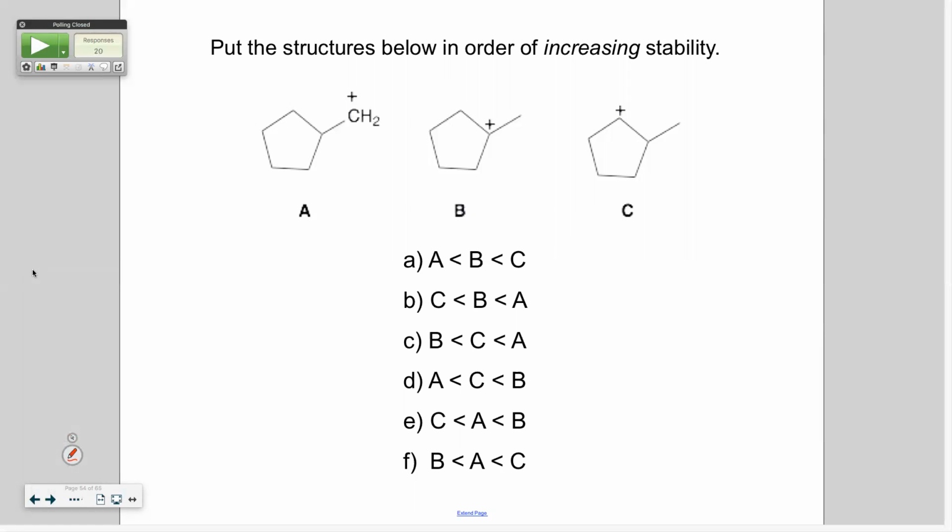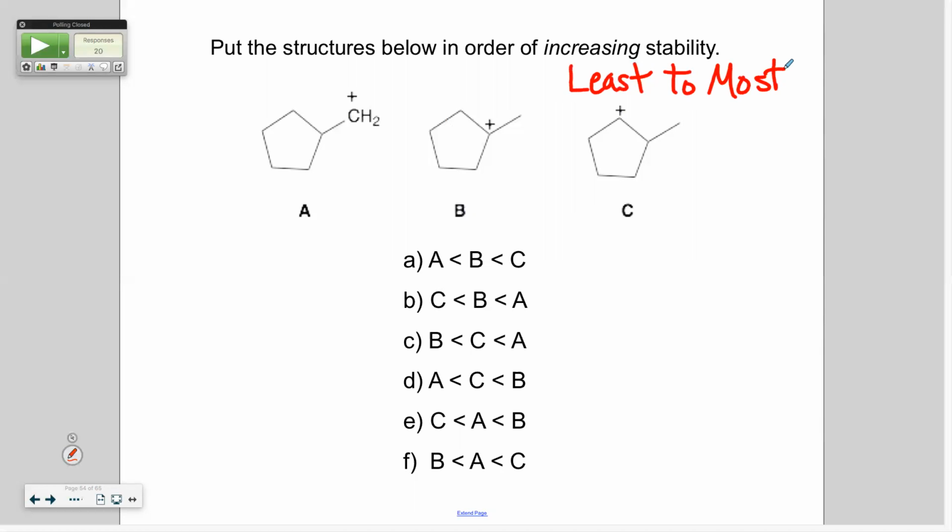Okay, so first of all, let me ask you this. What does increasing mean? Because sometimes I think people, if you have to write that down, increasing is least to most.